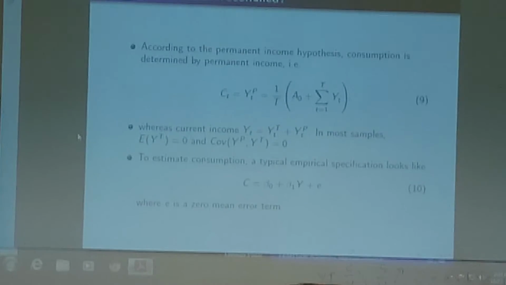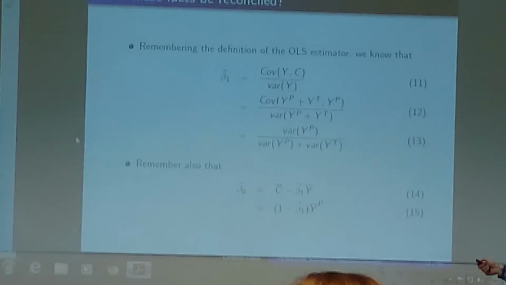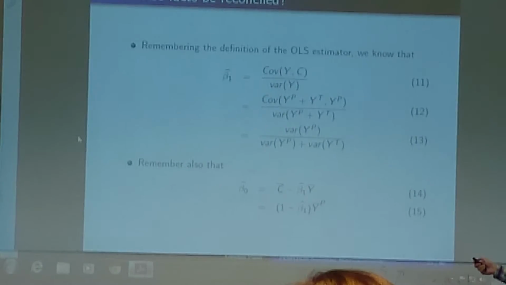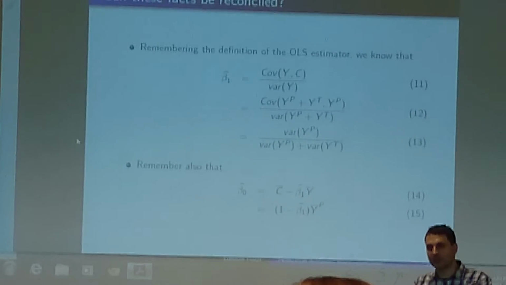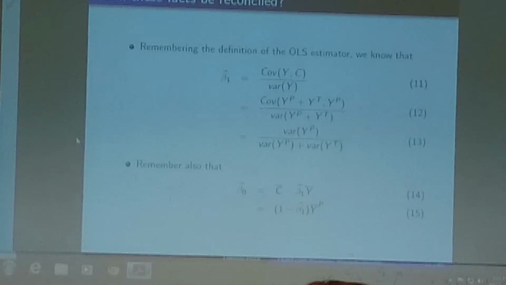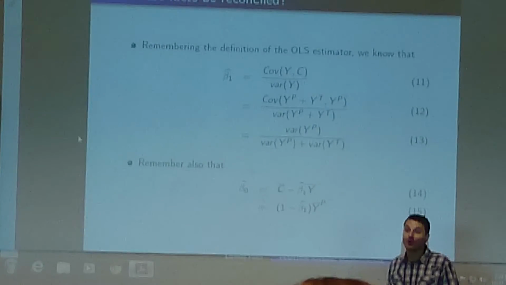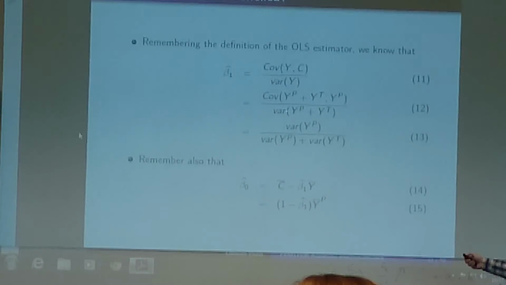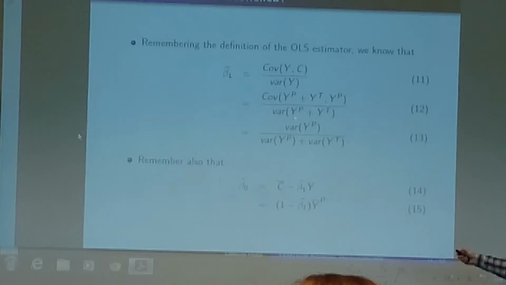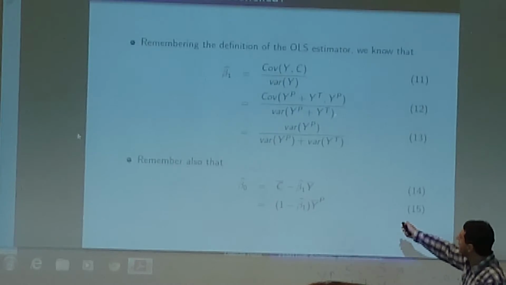Looking at those assumptions, you are going to substitute y with yp plus yt, because income equals the permanent component plus the transitory component. The permanent income hypothesis, which is the model we are using to explain those empirical findings, tells you that consumption is equal to permanent income yp. Now you have the variance of y in the denominator, and y is equal to yp plus yt. So then you get to this step.